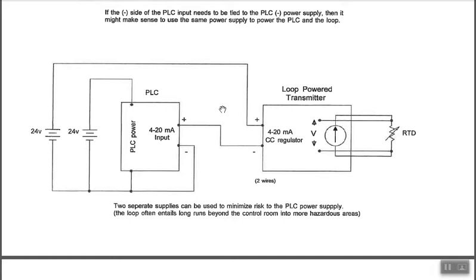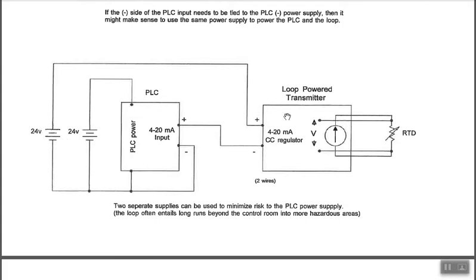Speaking of the hazardous nature of the rough and tumble area of the plant floor, you might have an analog opto-isolator sitting here too. Just so you know, you might see a couple other things.